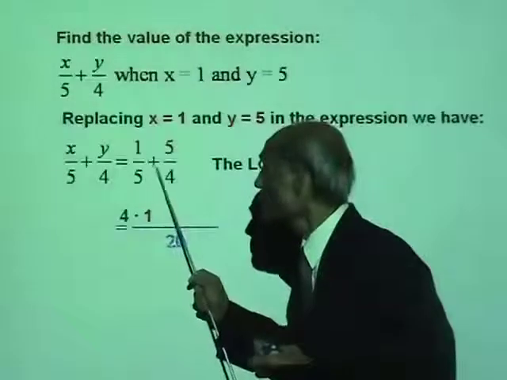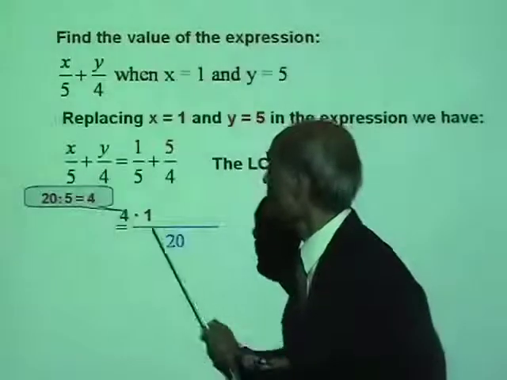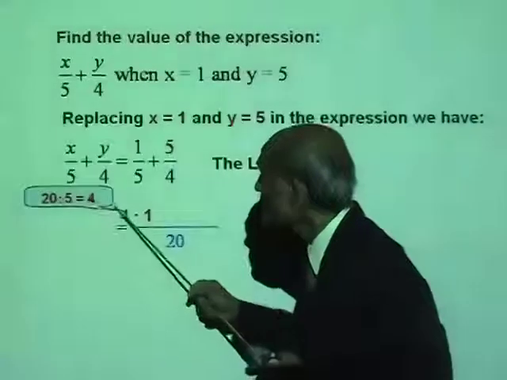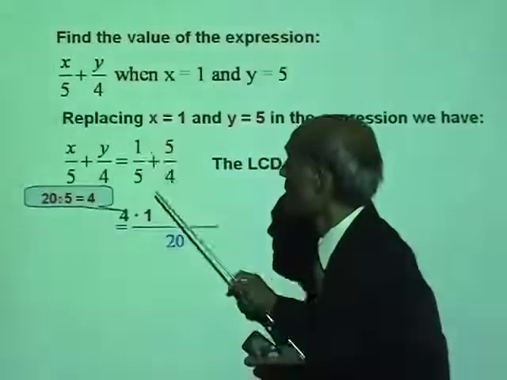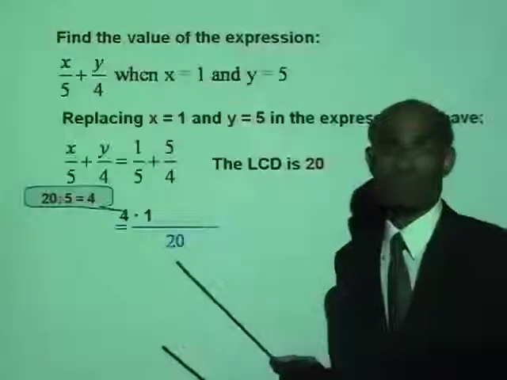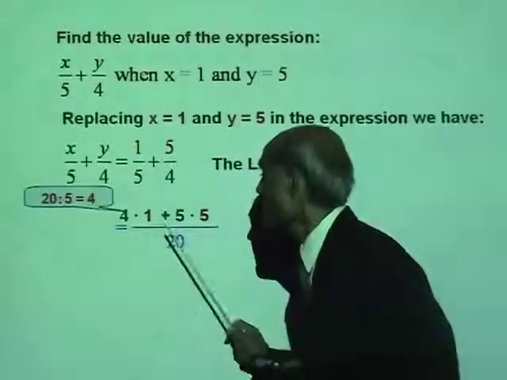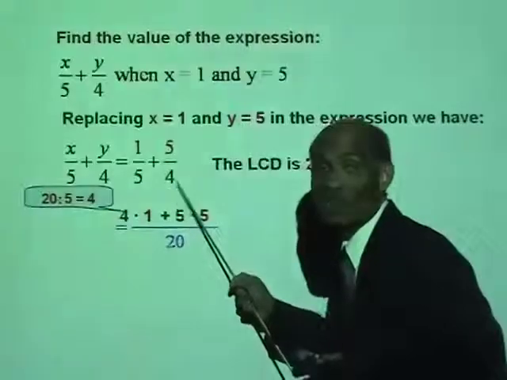Follow that up with the positive sign, and then 20 divided by the second denominator 4.